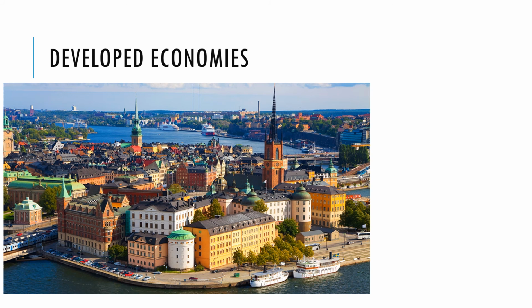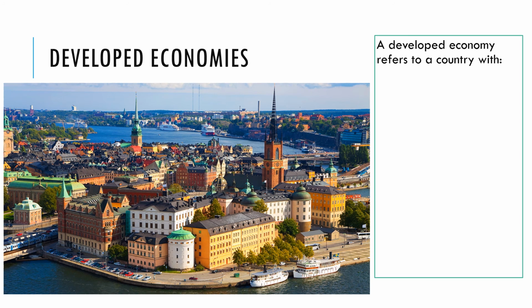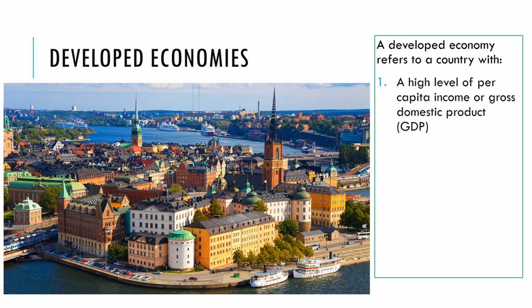So let's start off by looking at different types of economy, and we're going to start with what a developed economy is. Now, a developed economy is a country that we would normally describe as having a high level of income per person, a high level of per capita income, or gross domestic product, which we learned about in theme 2.